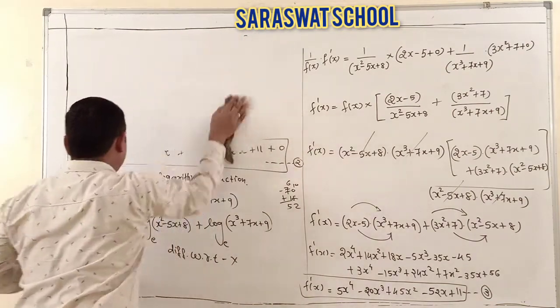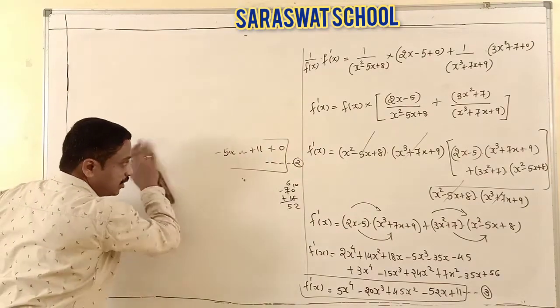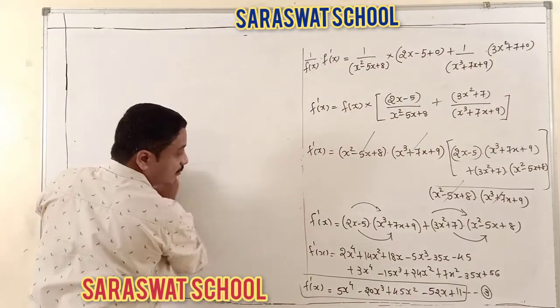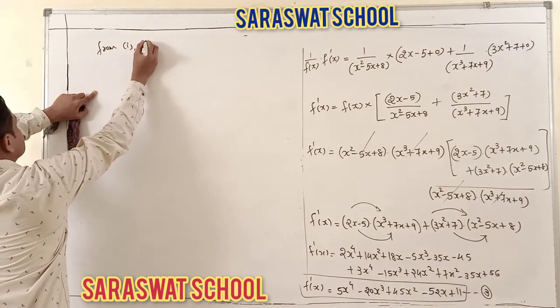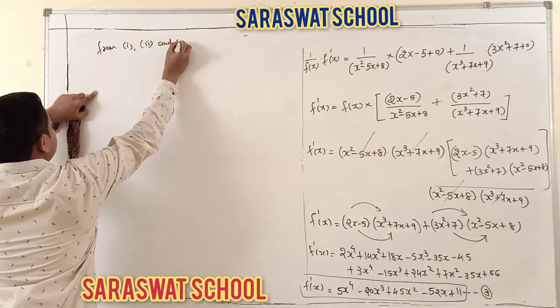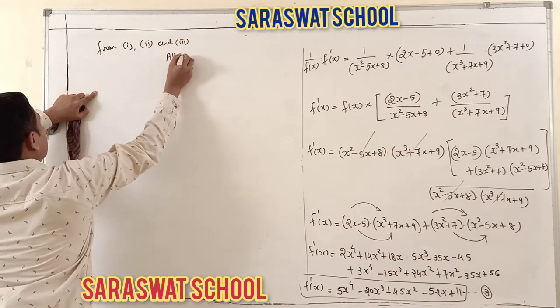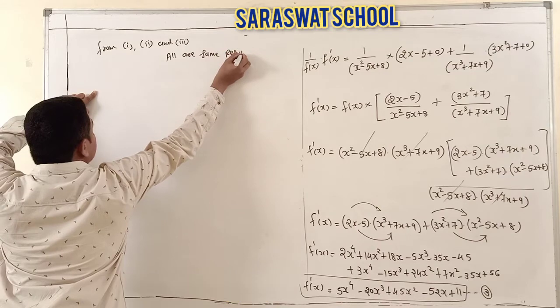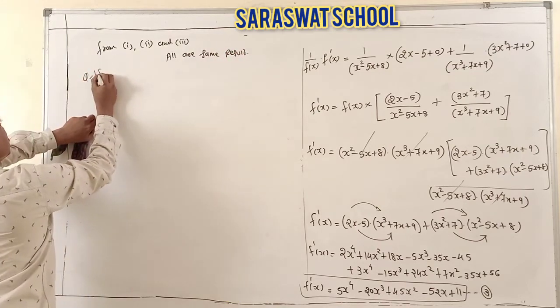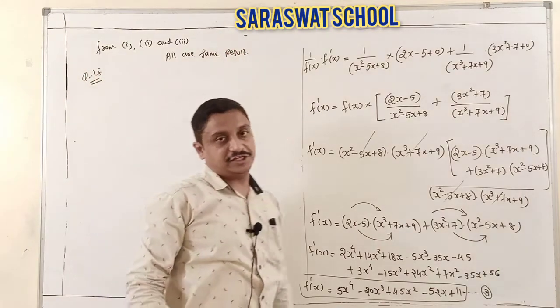So lastly we verify. This is a big question. First, second, third, three properties utilized. So last I write down that from 1, 2 and 3 all are the same result. And now I am going to question number 18.